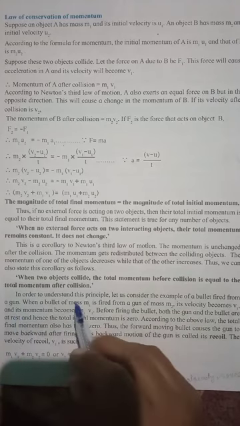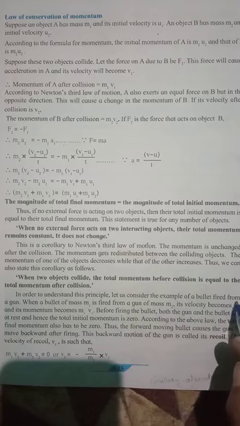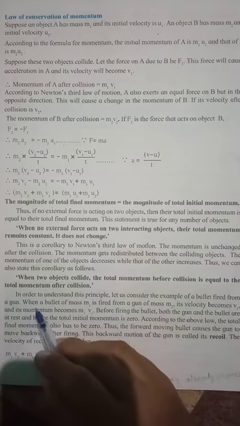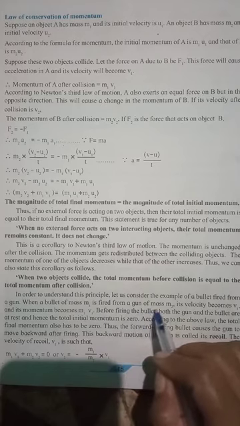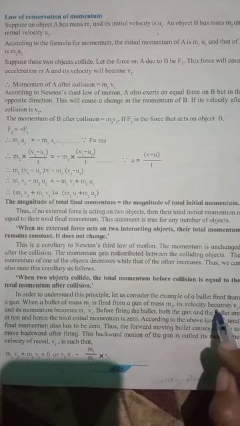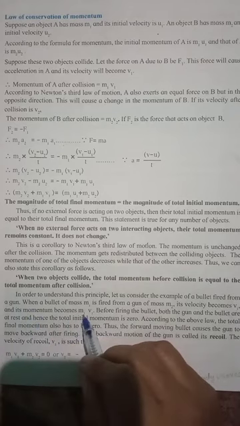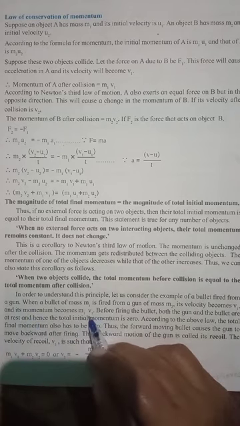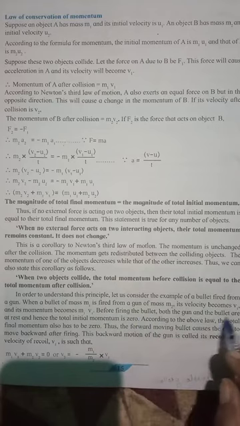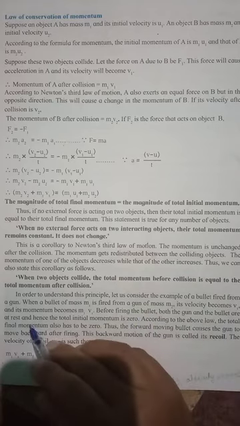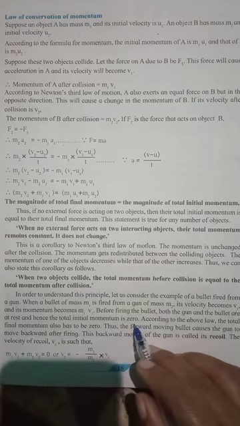In order to understand this principle, let us consider the example of a bullet fired from a gun. When a bullet of mass m1 is fired from a gun of mass m2, its velocity becomes v1 and its momentum becomes m1 v1. Before firing the bullet, both the gun and the bullet are at rest, and hence the total initial momentum is 0.